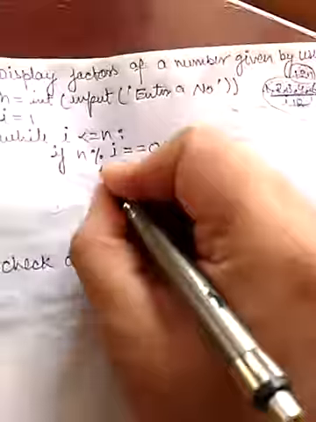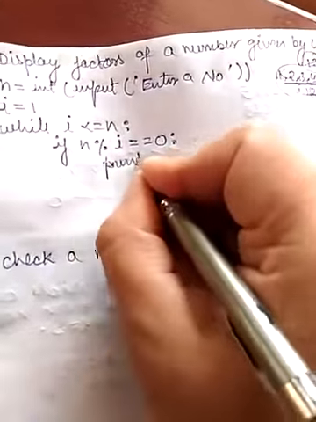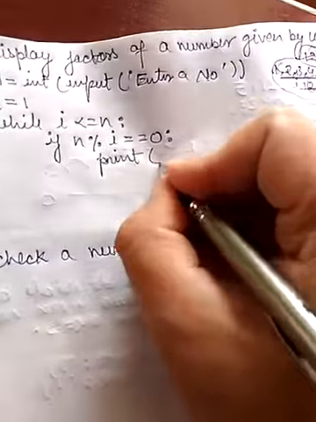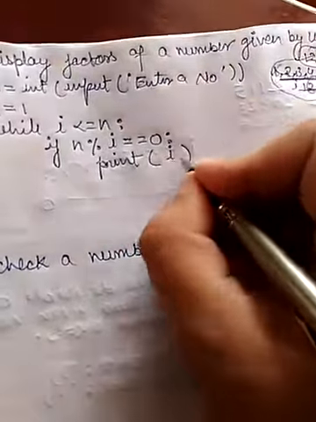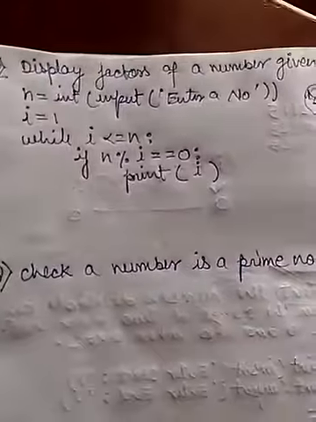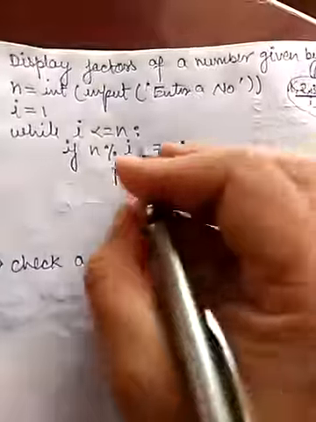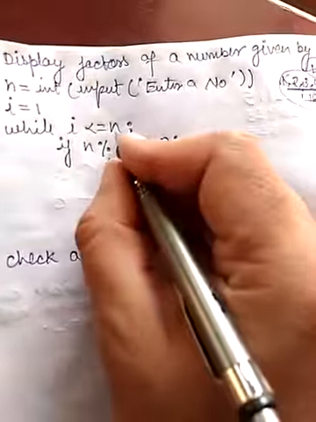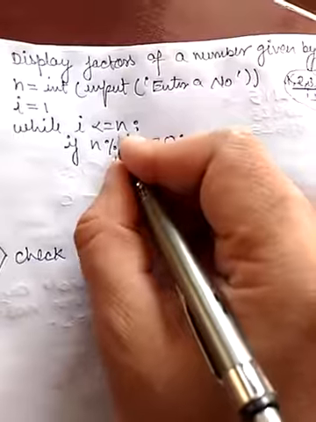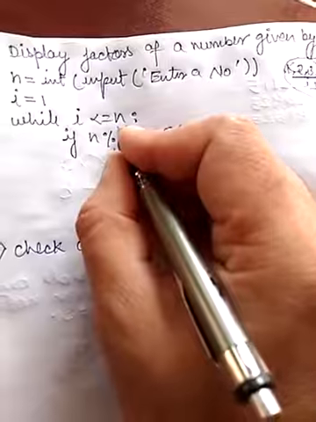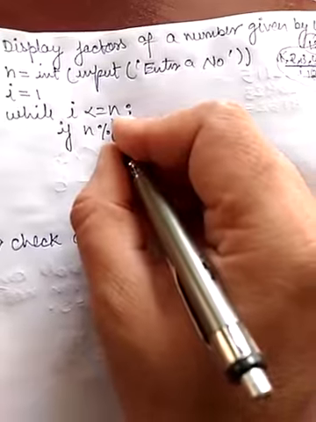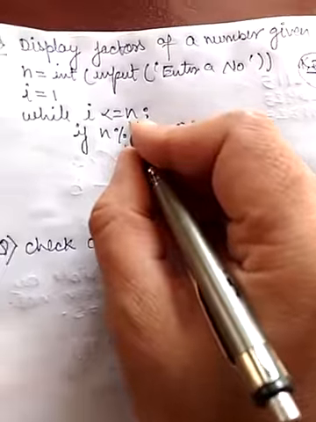I need to display the factor. To display the factor, I am writing print I. So this will display all the factors which are possible for the given value. And now to execute the loop n number of times, we have to write the third part of the loop, that is the update of the loop index.